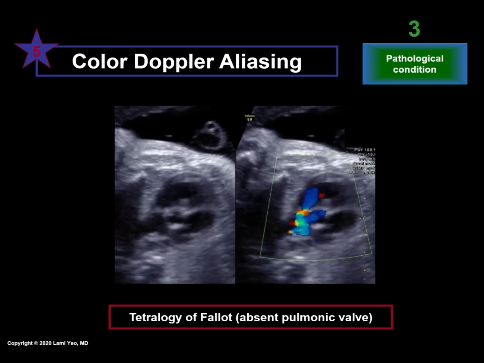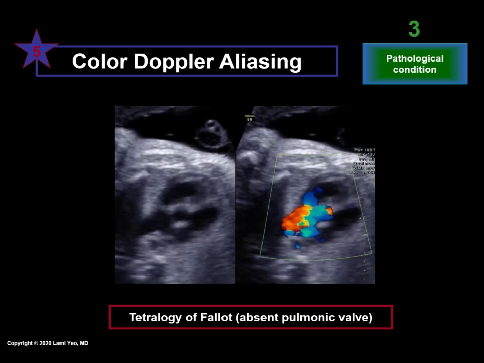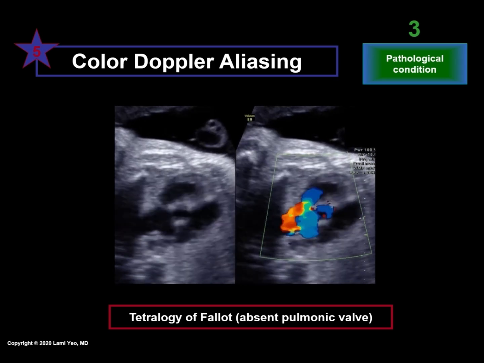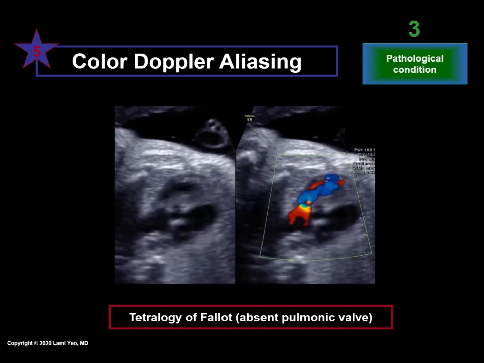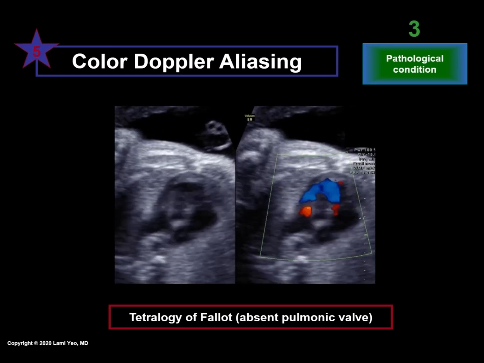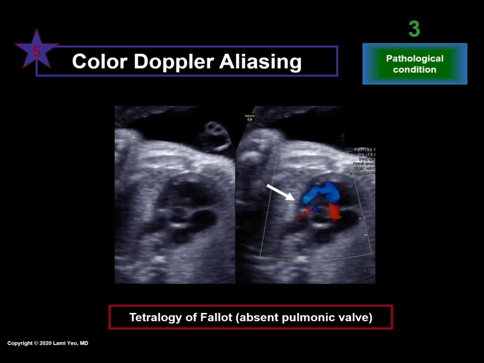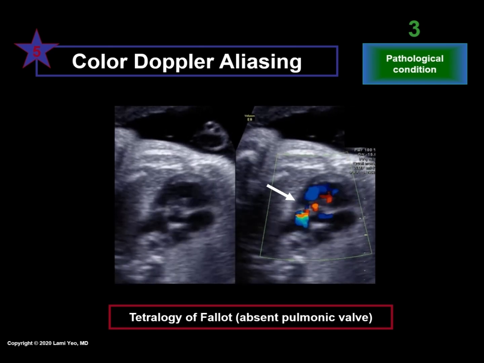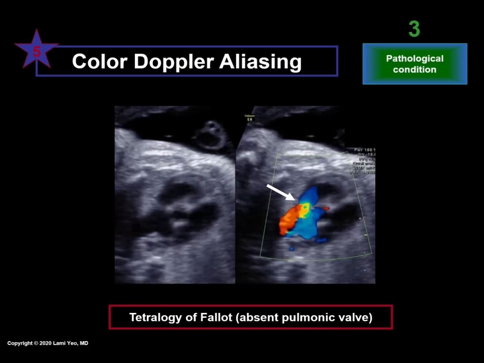This is a rare cardiac defect associated with absent, dysplastic, or rudimentary pulmonic valve leaflets. Therefore, it is associated with severe pulmonary insufficiency, and this is documented well on color Doppler mapping. Despite an appropriate PRF, aliasing is present, a sign of abnormally high velocity blood flow.